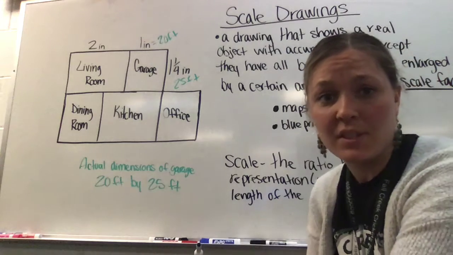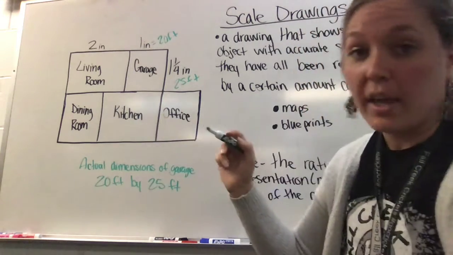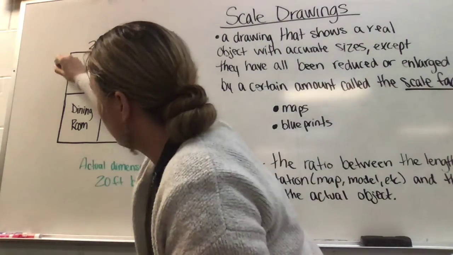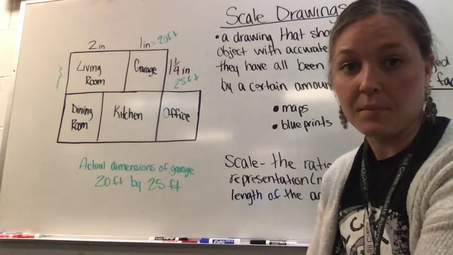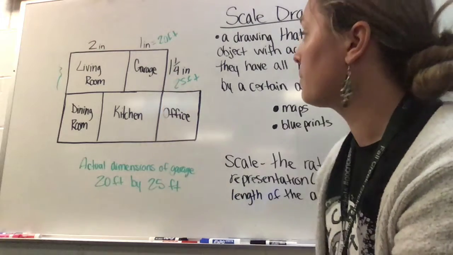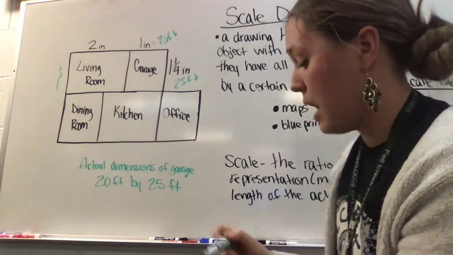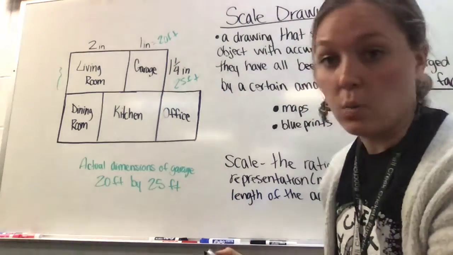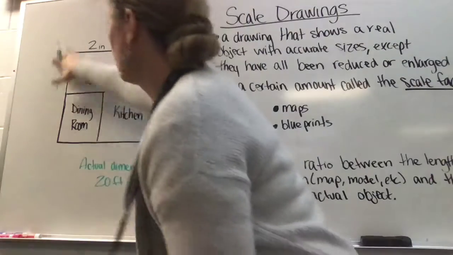So based on this information, on our scale drawing, what is this length going to be? Okay. Well, you can see across there that it's going to be the same as this length on the garage. So that's going to be 1 1/4 inch.